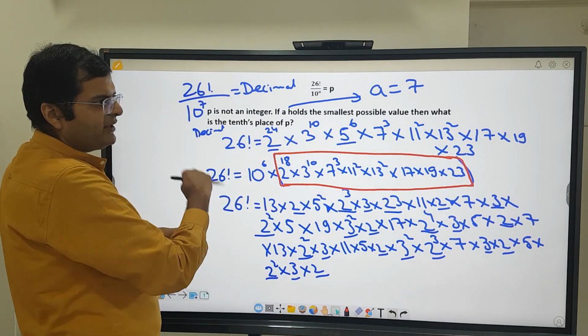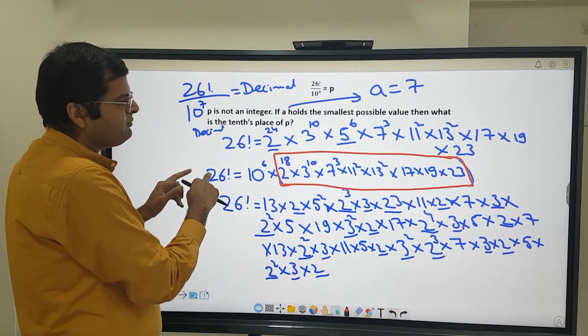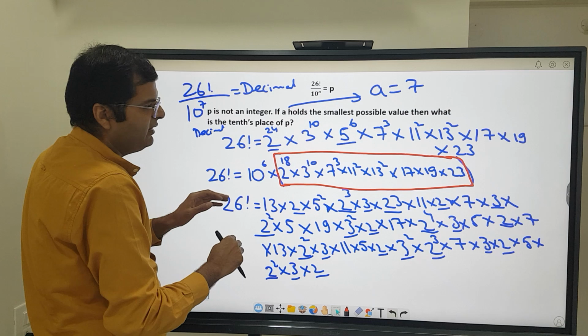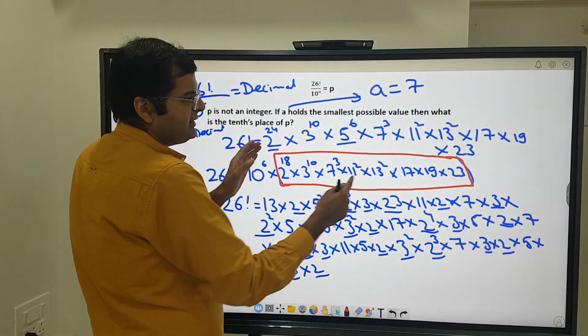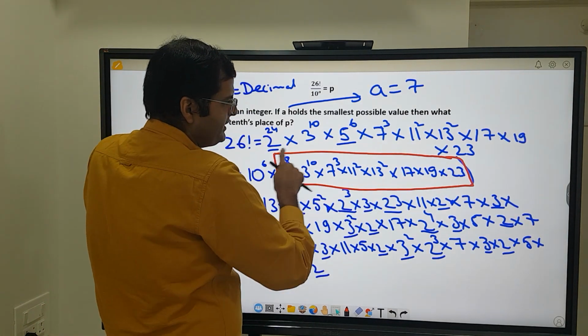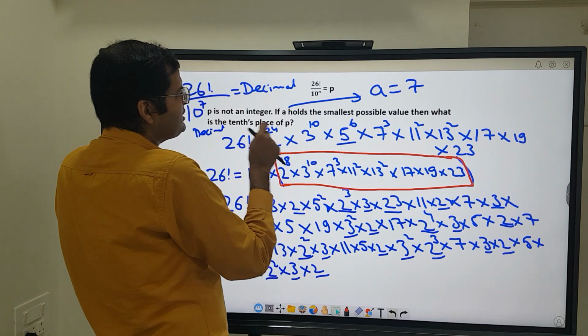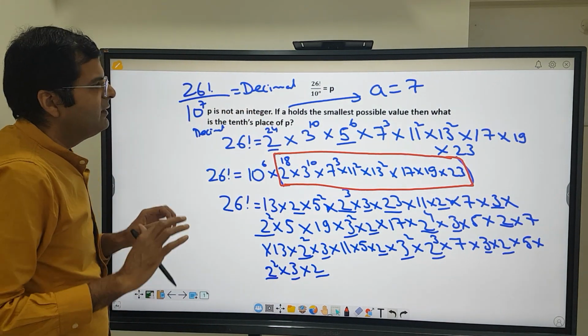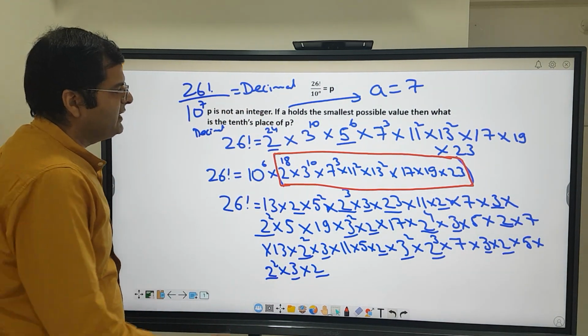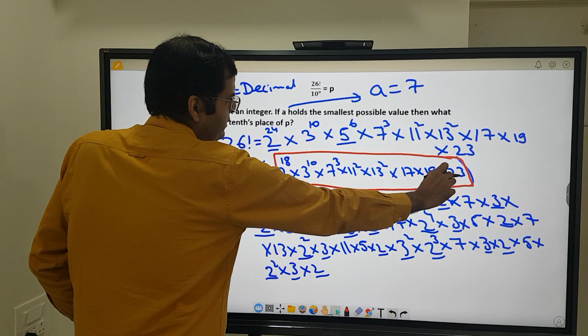If I divide this further by 10, which becomes 26 factorial upon 10 raised to 7, that will be a decimal such that the units digit of this number is the 10th place of p. Okay, so basically we have to now find just the units place of this number.